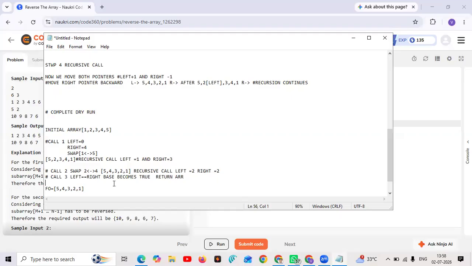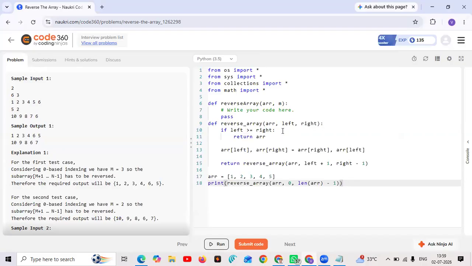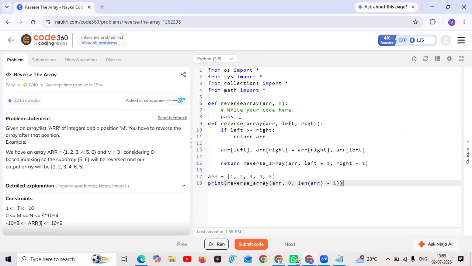First of all, we should write the question first. This is the code editor.